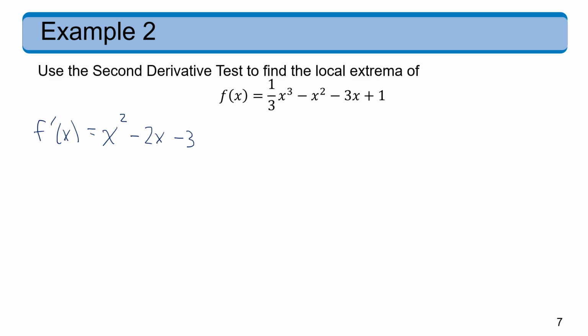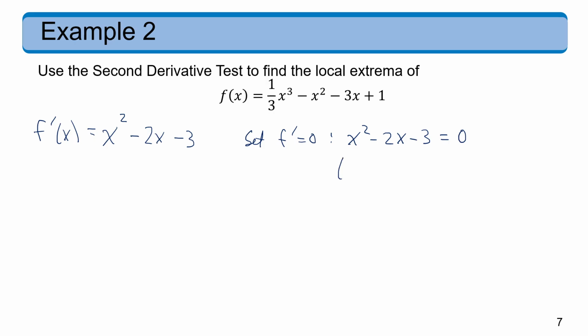Now remember, what we're looking for in this test are points c where f prime of c equals 0. So we're going to set f prime equal to 0 and then solve for x. This is exactly part of the process of finding critical numbers. We are finding critical numbers here, it's just we're only finding the ones that come from the case where the derivative is 0. So I set my f prime equal to 0, and then we want to solve this for x.